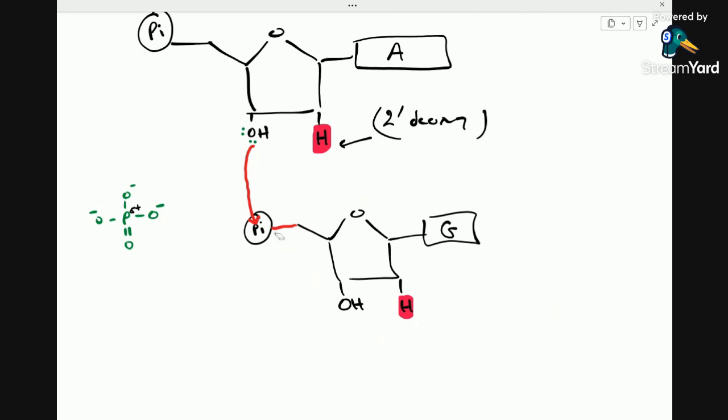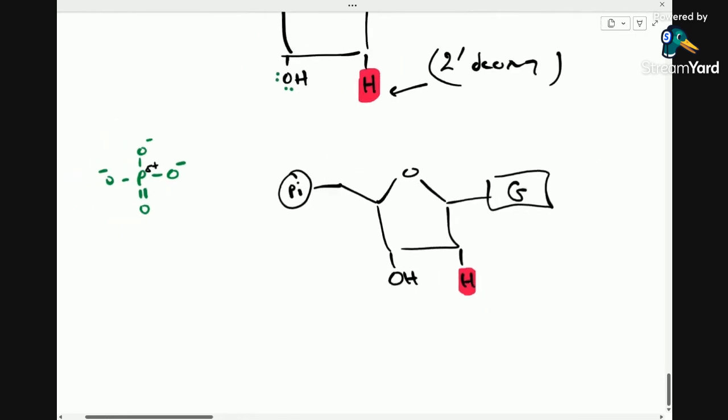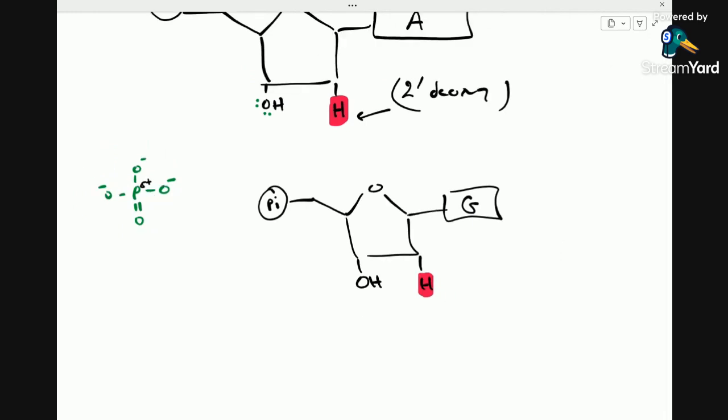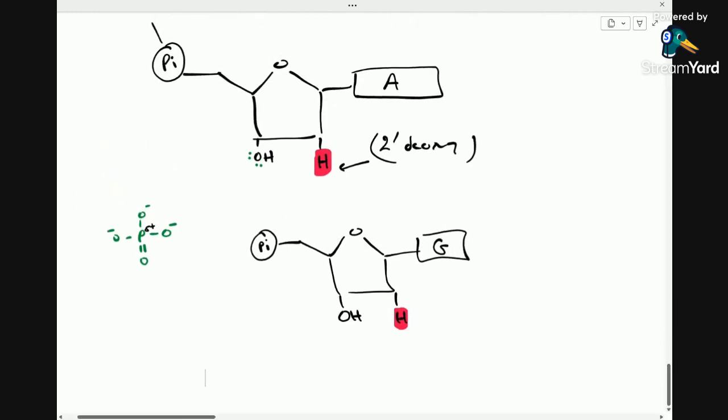So we can't do that. There are other reasons as to why, but that's the main one. Which is basically to say that this molecule, as I have drawn it, is not a substrate for adding on to a chain of nucleotides or undergoing a condensation reaction.